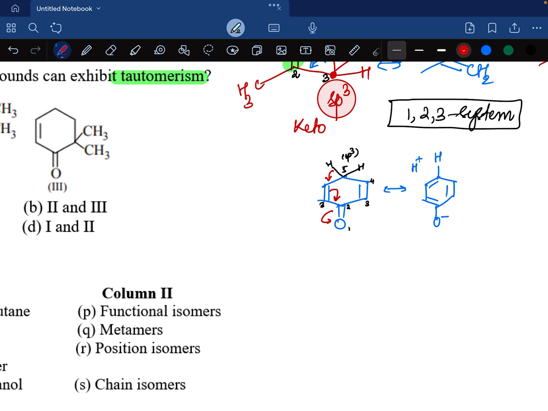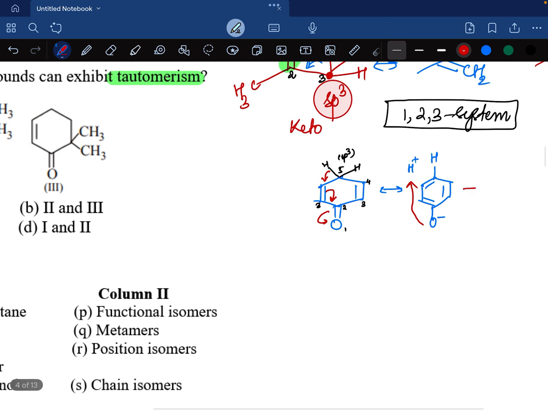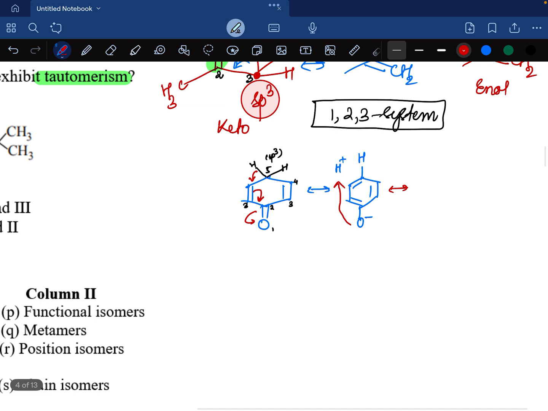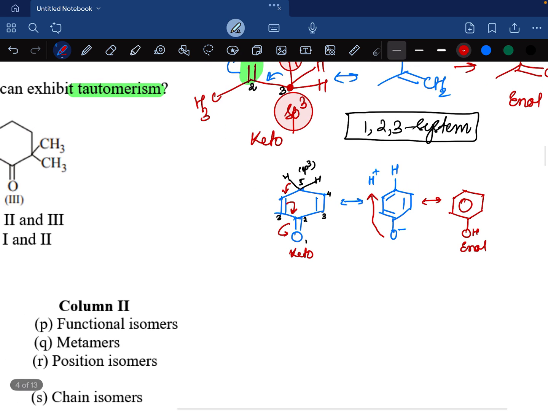Obviously the high electron density on oxygen pulls this H positive towards itself. Finally I am getting a phenol, OH. So this is the enolic form, and this is the keto form. Because it is taking place between 1 and 5, we call it the 1,5 system in which the tautomerism is taking place.